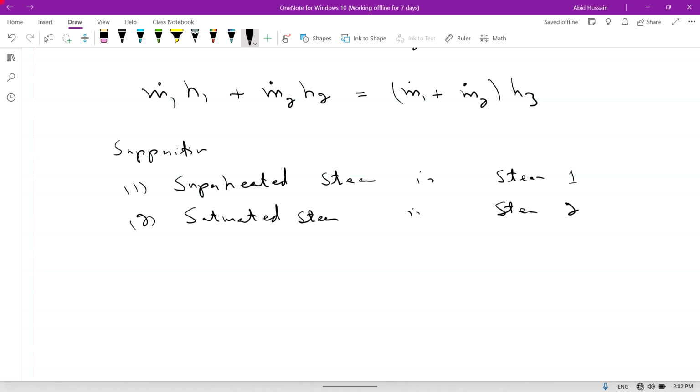If we want to find m2 dot divided by m1 dot, we divide this whole equation number 1 by m1 dot.